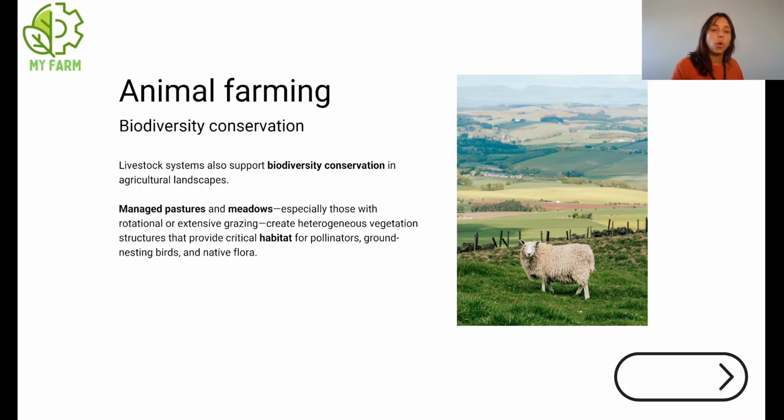Livestock systems also support biodiversity conservation in agricultural landscapes. Managed pastures and meadows, especially those with rotational or extensive grazing, create heterogeneous vegetation structure that provides critical habitats for pollinators, ground-nesting birds, and native flora.